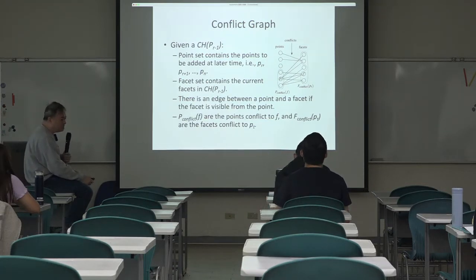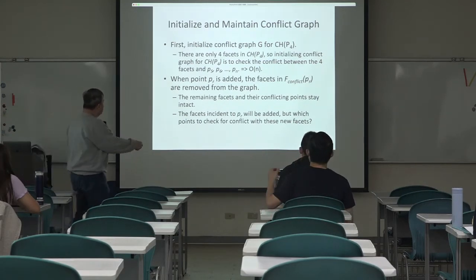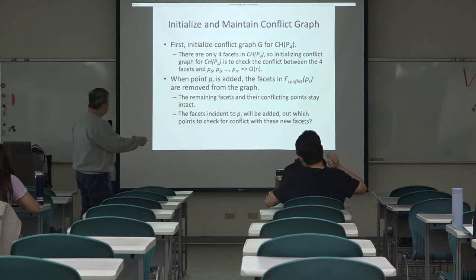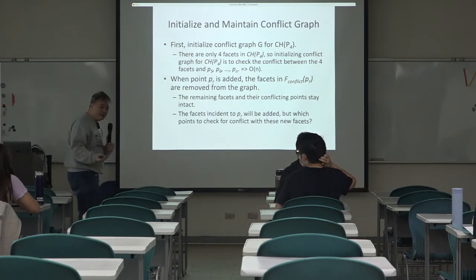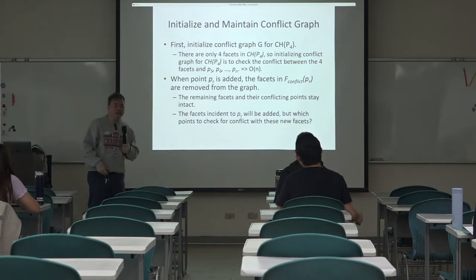It takes pretty much constant time, because the number of faces is fixed to 4, but you have n minus 4 points left. So the initialization is obviously linear. This linear initialization is not too bad.